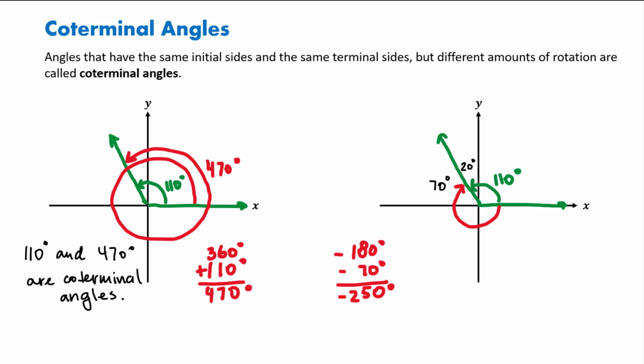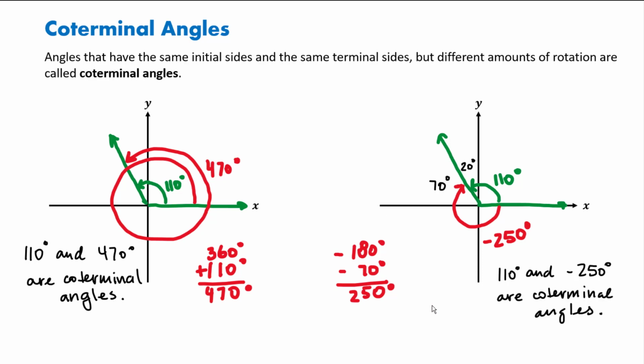Okay, so this negative angle measures negative 250 degrees. So I could say that 110 degree and negative 250 degree angles are coterminal. So that is the idea about coterminal angles.